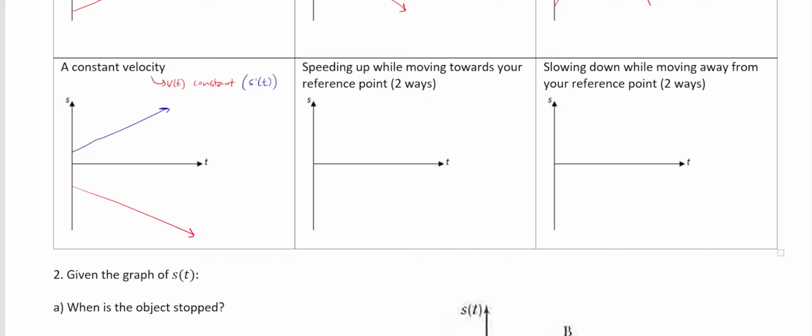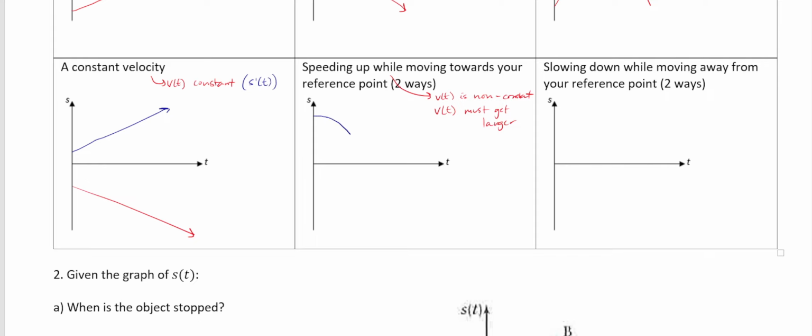Now, speeding up while moving towards your reference point means that the velocity function is non-constant. Speeding up means v at t must get larger. So the velocity, or the slope of this s at t graph, must get larger. And we can see that like this, for example.